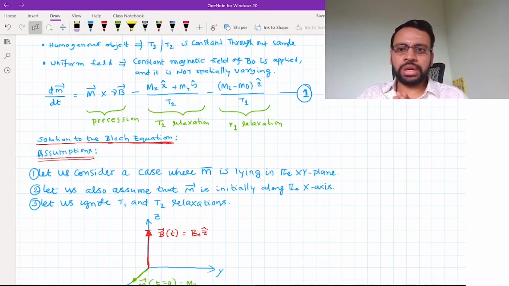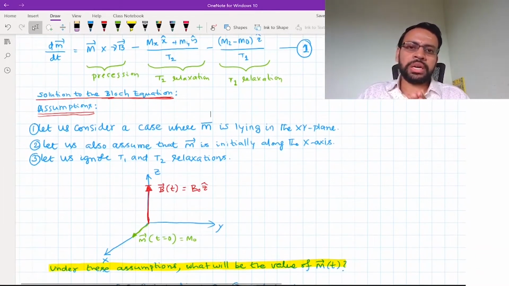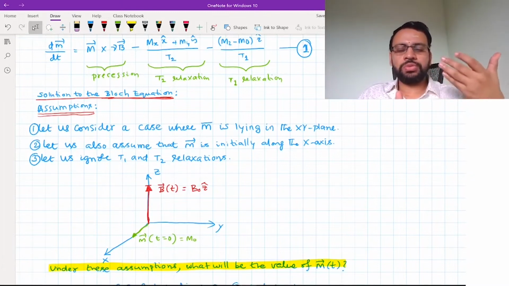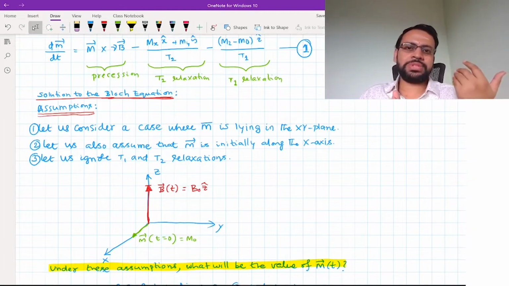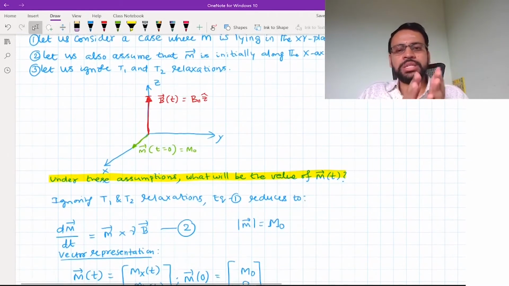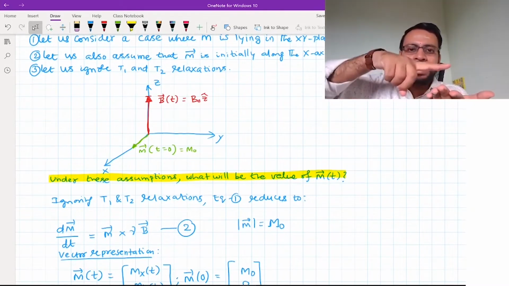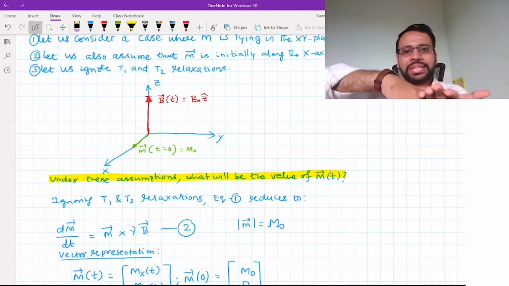Now our goal, as I mentioned, is to consider a homogeneous object and a uniform field. To begin our derivation, we will make three further assumptions, and as we move on, we will slowly lift each of those assumptions and move towards a generic case. Initially, assume that the B1 RF field that you have applied made your M bar magnetization come into the XY plane completely.